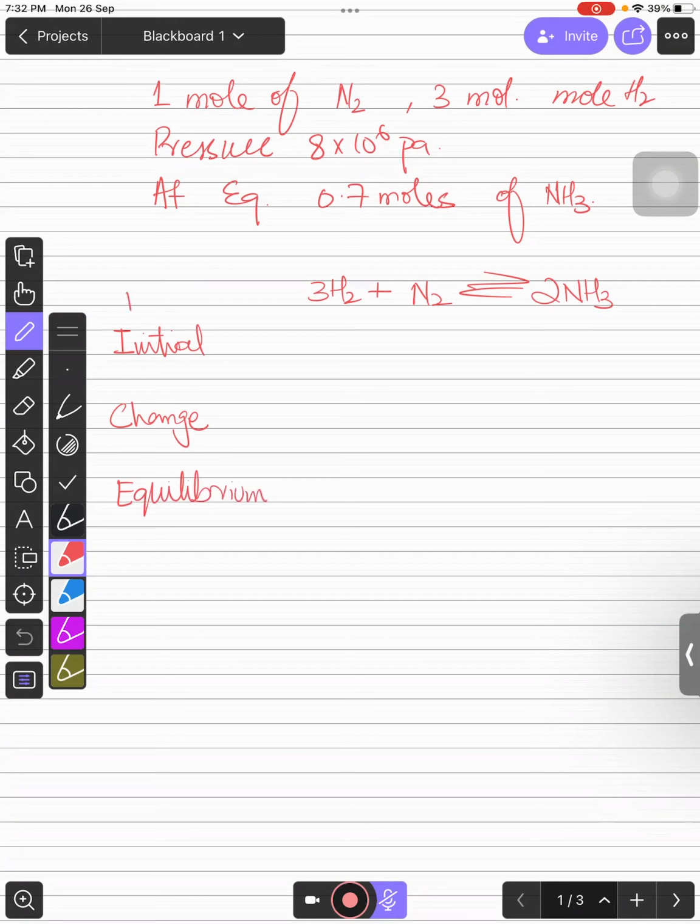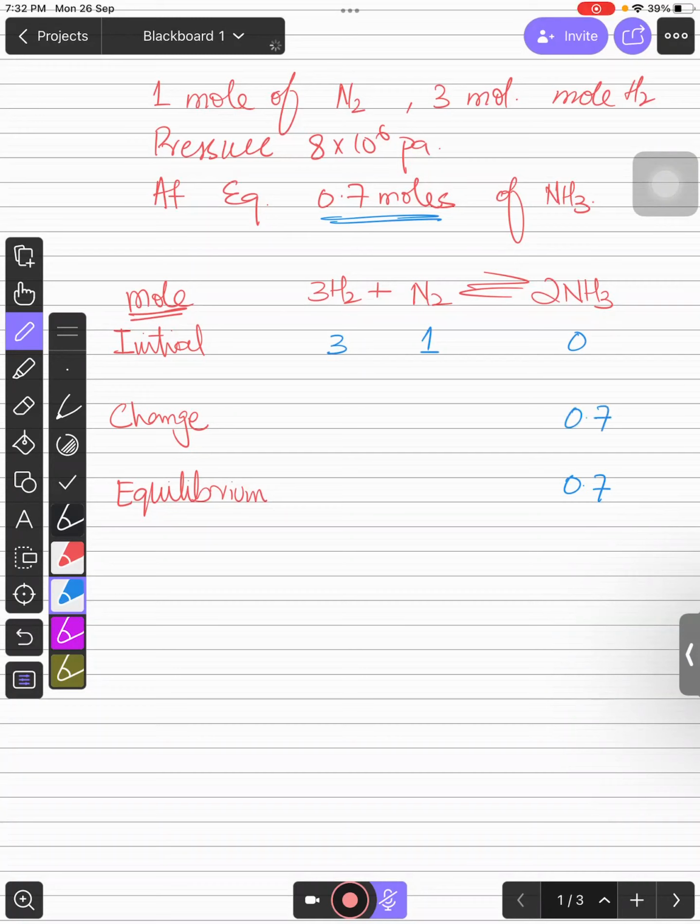So moles initially, change in moles, and then moles at equilibrium. Initially they gave us 3 moles of hydrogen and 1 mole of nitrogen, and we know that product is always 0 initially. And then they told us that there are 0.7 moles of ammonia at equilibrium. So whatever the moles at equilibrium is actually the moles of ammonia produced, because initially we have 0 moles of ammonia.